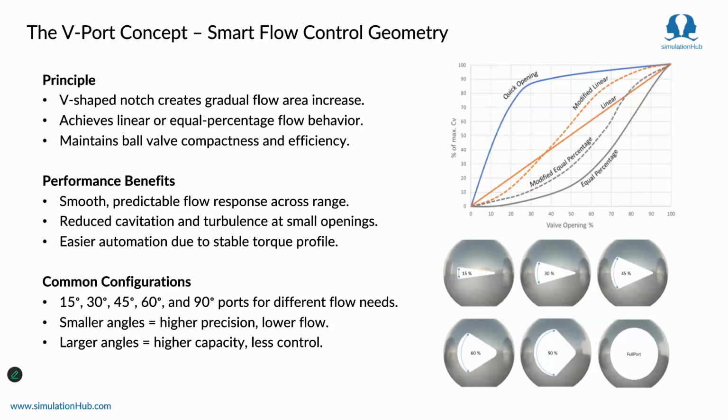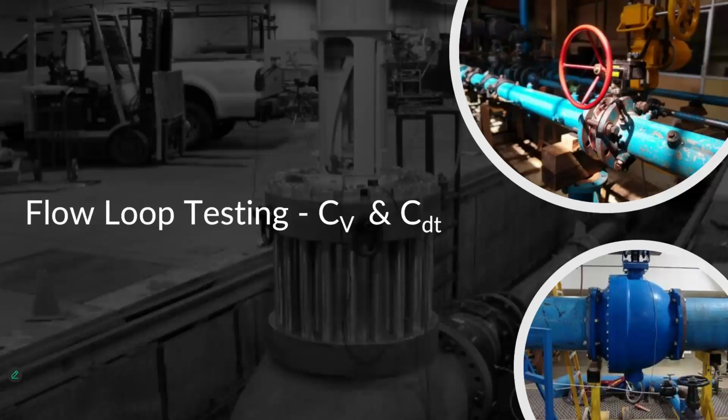If you move to the 90 degree opening, it has more capacity, more CV, but it tends towards the full port configuration, so it has less control. Conventionally, to size the valves, we use flow loop testing, and the output parameters from these tests are CV and CDT.